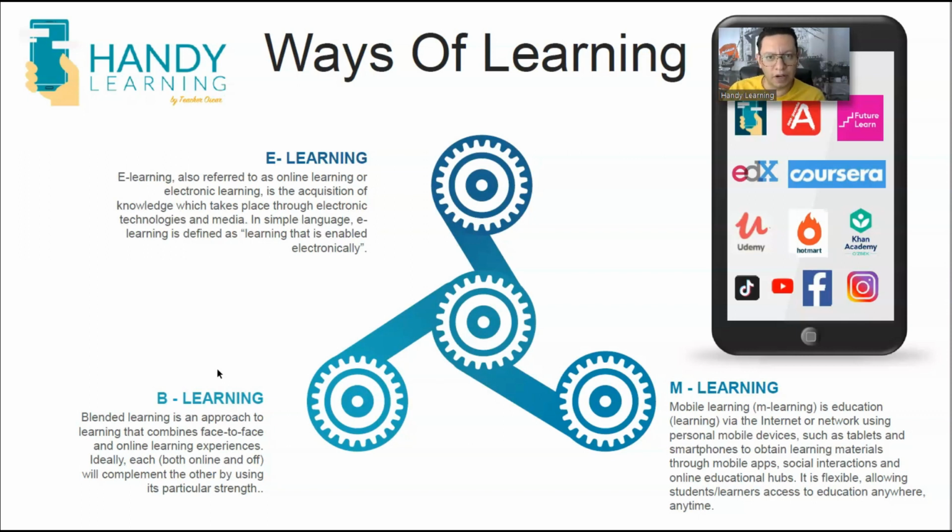Meaning, some of the lessons you're going to take on site or maybe in real-time video sessions, but the other part of your lessons are pre-recorded so you can watch them at any moment. In this case, we have synchronic and asynchronic lessons at the same time, which makes a blended kind of learning. That is why it's called B-learning.